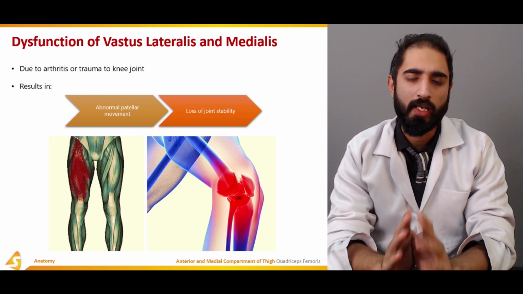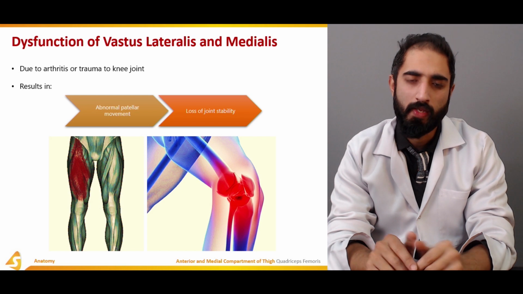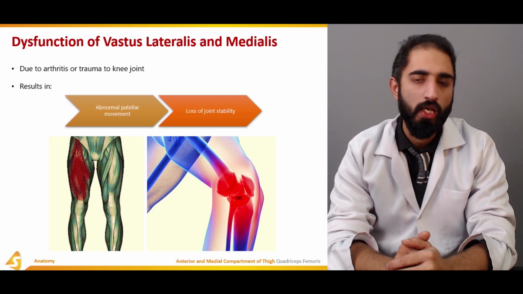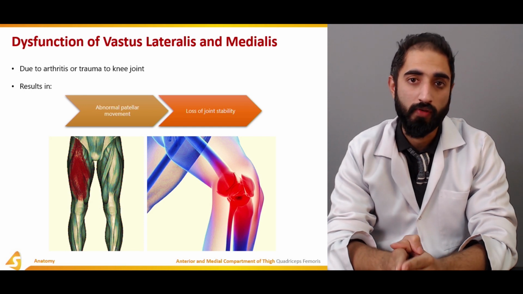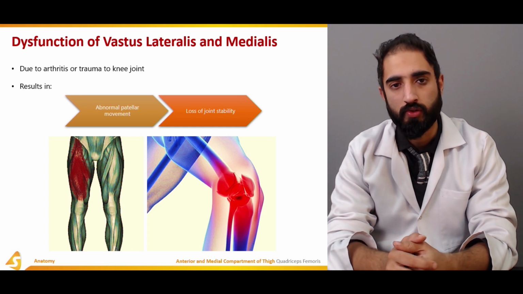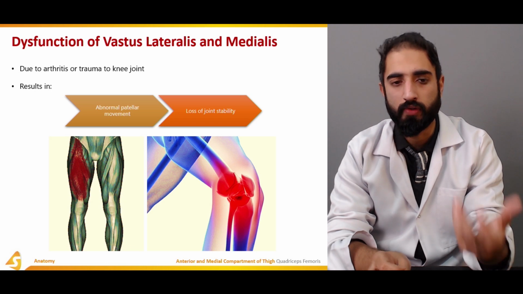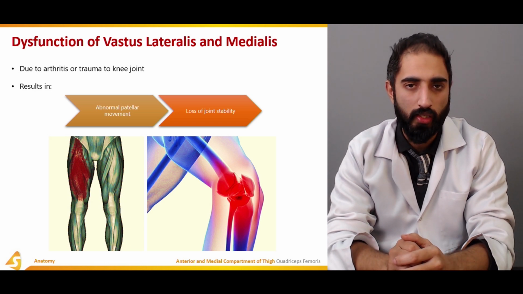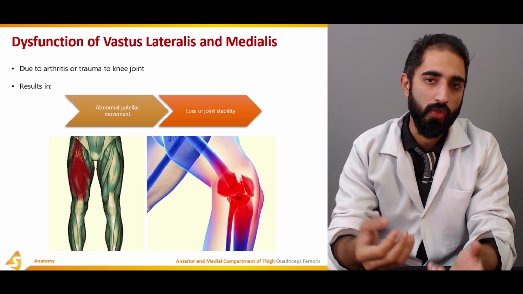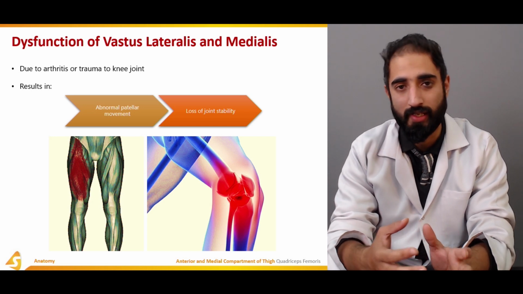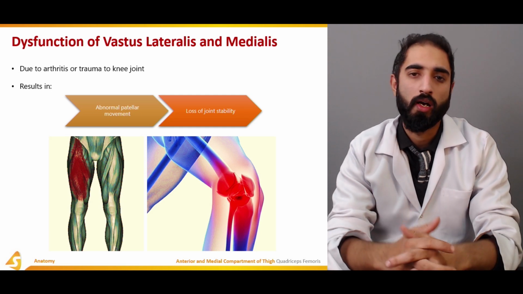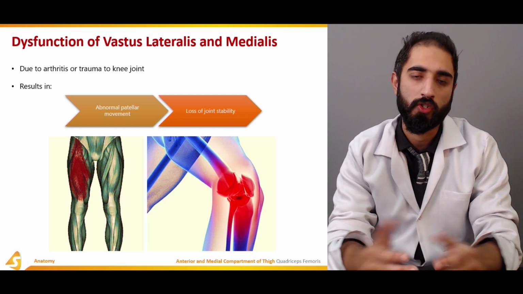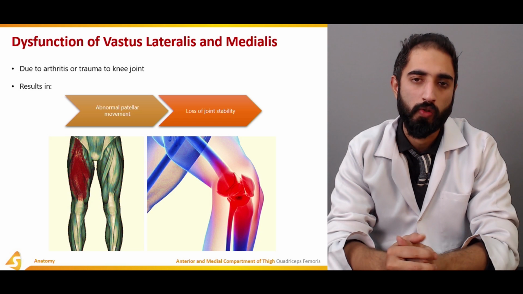Whenever there is any such condition, there is inhibition of the local stabilizers, and the hyperactivity of the global mobilizers leads to the dysfunction, because there is weakness of the local stabilizers, and there is a discrepancy between the function of the two muscles.